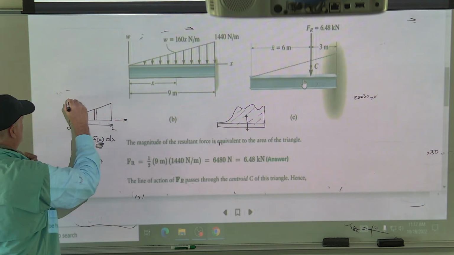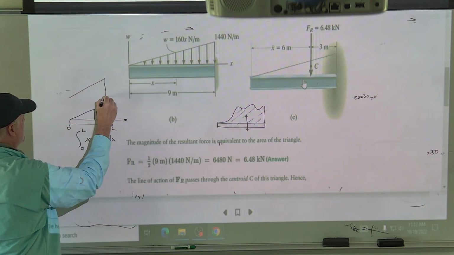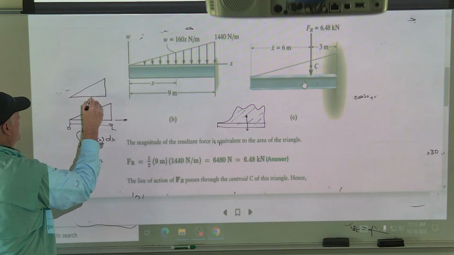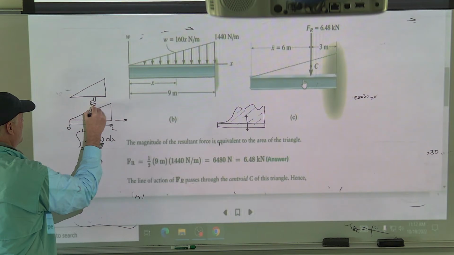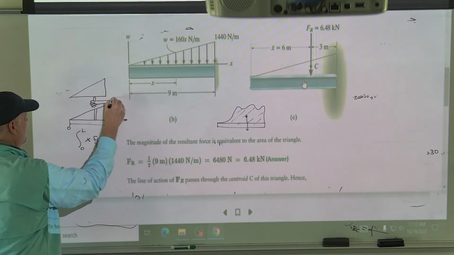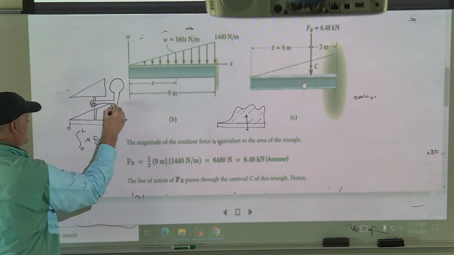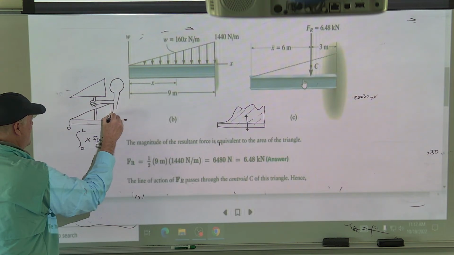Now imagine this triangle is a big chunk of metal, and you're trying to put your finger right here. Here's your finger, and there's your other fingers, and you're trying to balance this thing here.